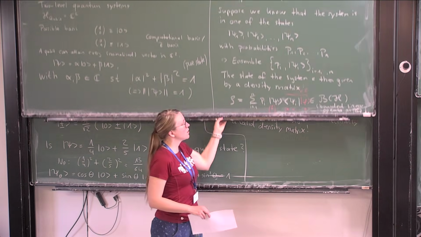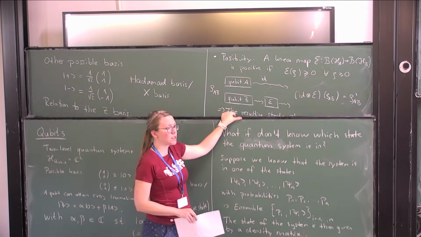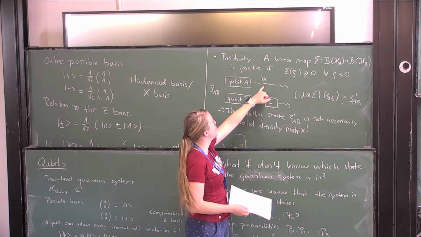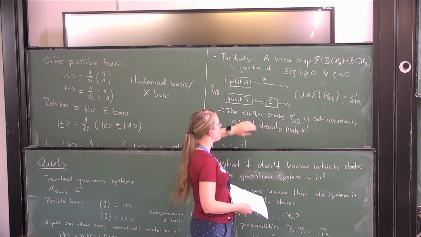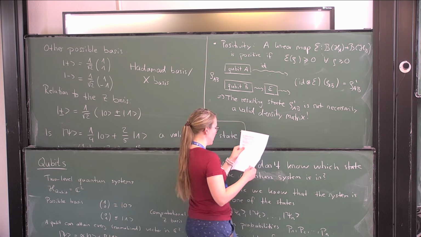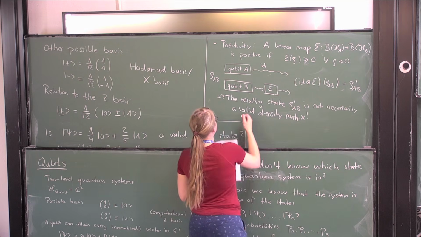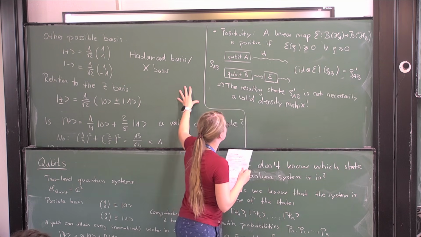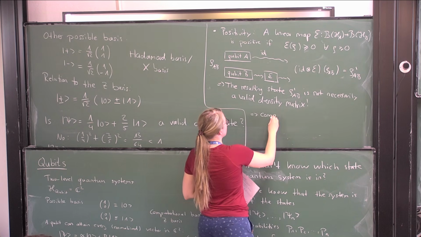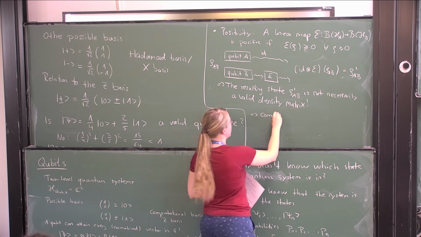So even though you put in a positive semi-definite quantum state, you apply this positive map on one part and the identity on the other part, the resulting state will not be positive anymore. So we need complete positivity, which captures exactly this scenario.